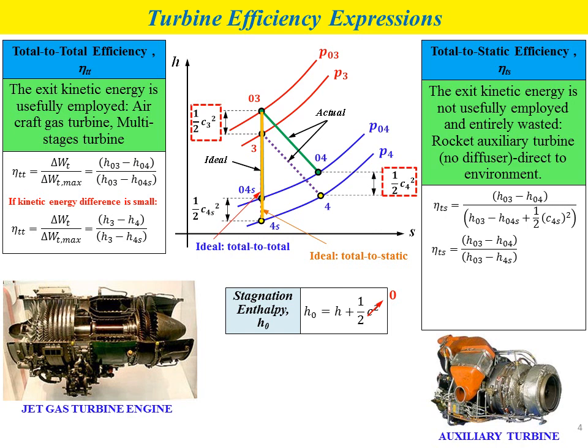We can see this clearly from the h-s diagram. If we ignore the kinetic energy terms, then instead of using the stagnation enthalpy value, we can use the static enthalpy value, where mu Ts equals H3 minus H4 divided by H3 minus H4S plus half C3 square.